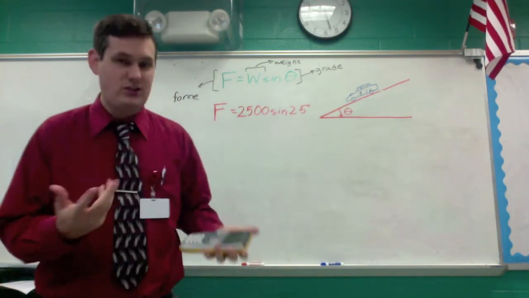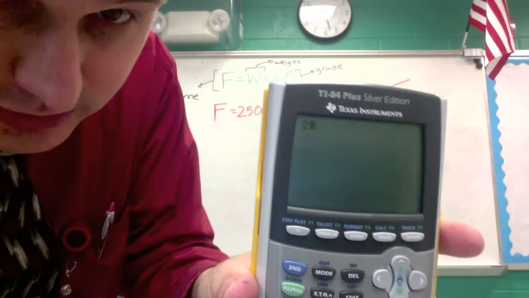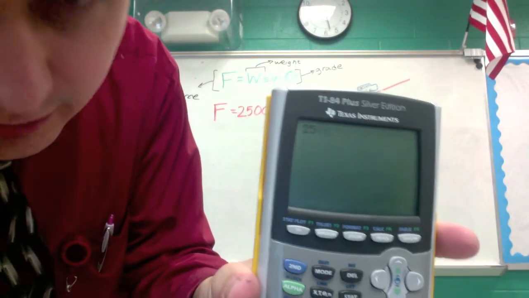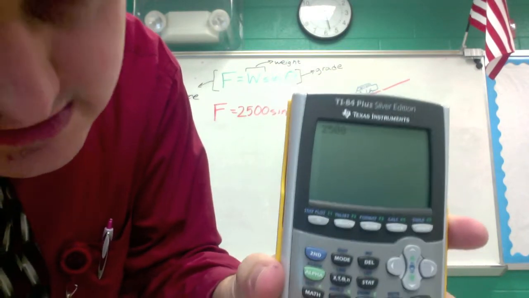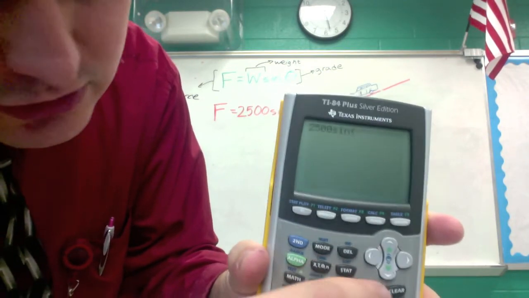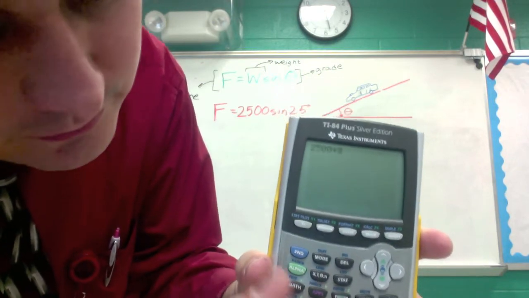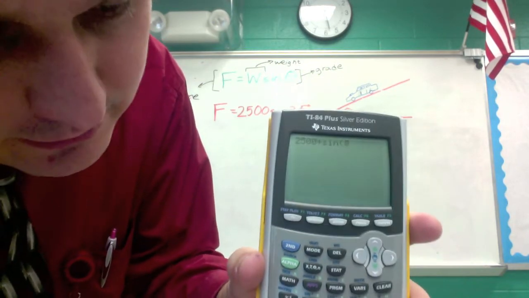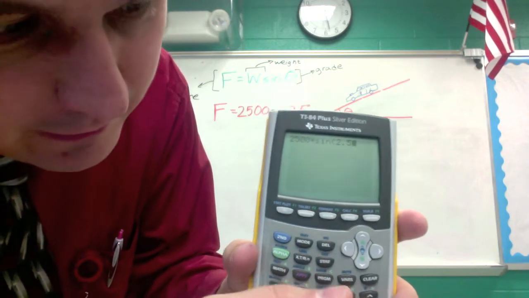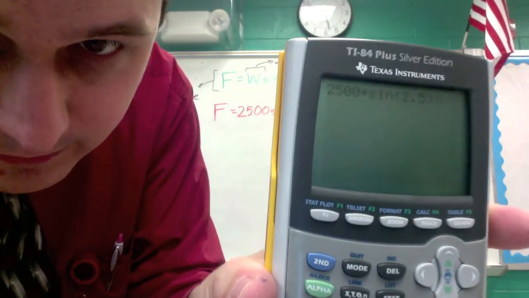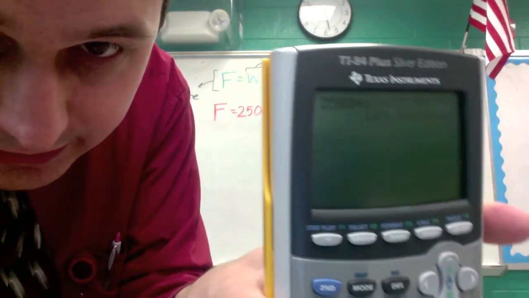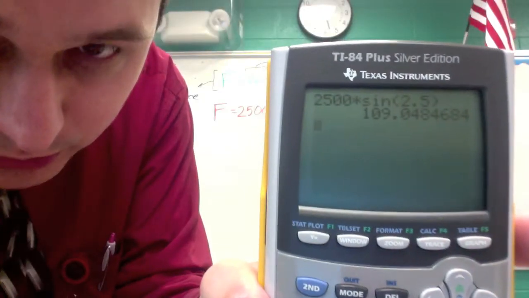Actually, I can just put in 2,500 times sine 2.5, hit enter, and I get 109.04 pounds.